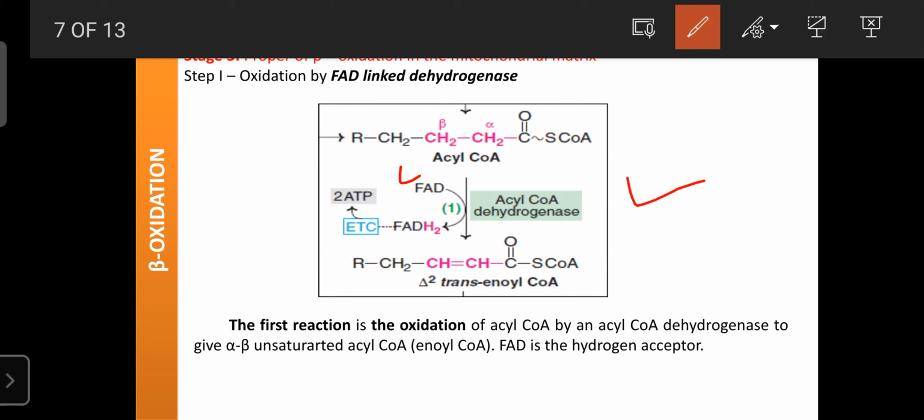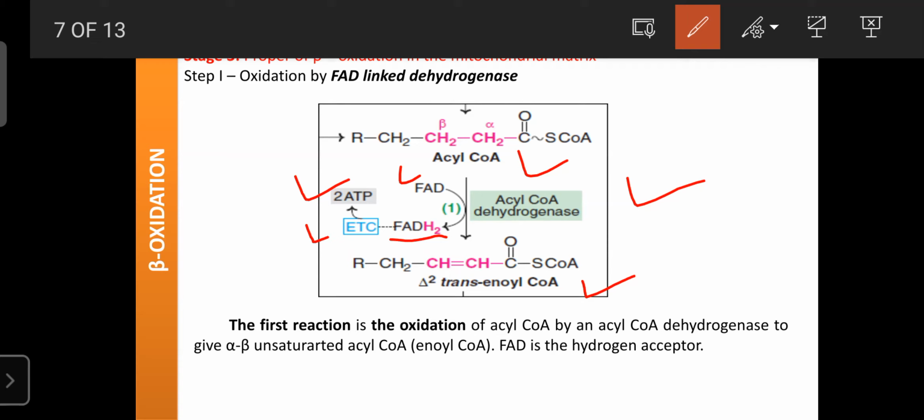It oxidizes the acyl CoA and forms trans-enoyl CoA, where FAD is converted into FADH2, then FADH2 enters the electron transport chain, where it is responsible for the formation of 2 ATP.